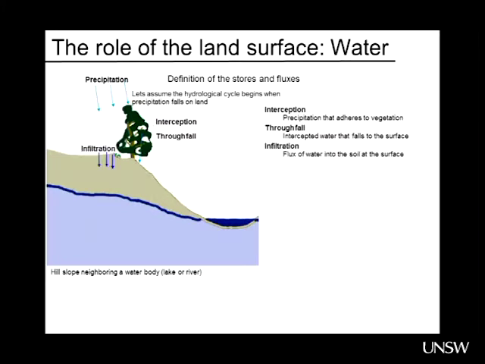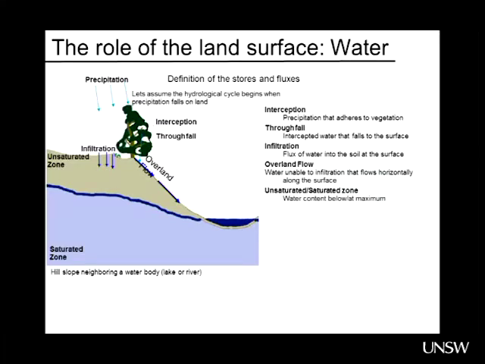Infiltration is the water that flows into the soil. Overland flow or surface runoff is the water that's unable to infiltrate and flows horizontally across the surface. It matters what the soil is. If you have a lovely, rich, dark, organic, loamy soil, this stuff hardly ever happens. If you have a really horrid clay-rich soil, it might be more common. So the nature of the soil, the structure of the soil matters.